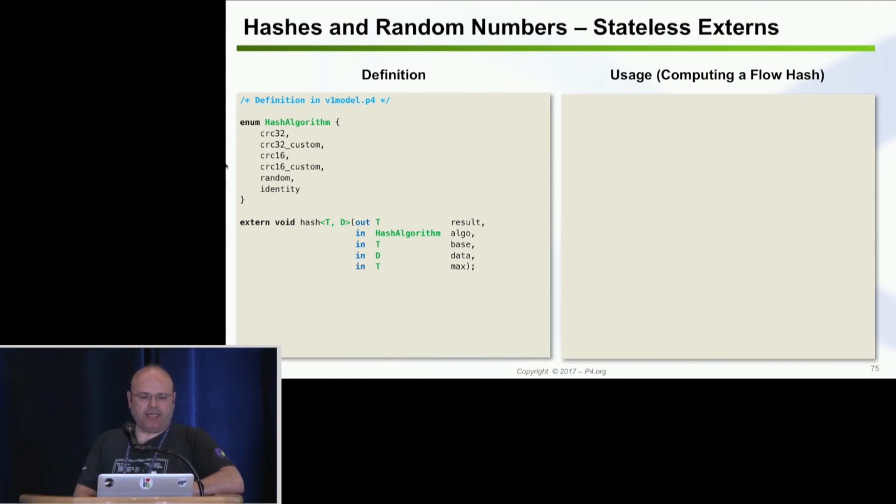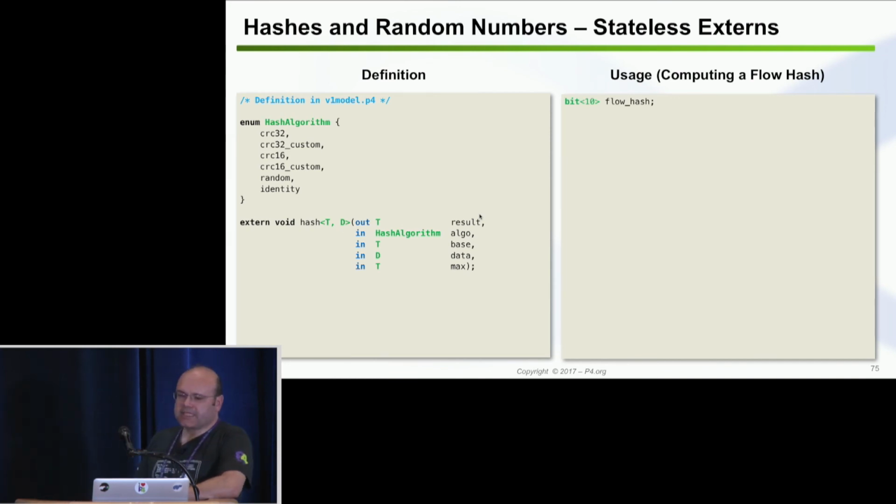Basically, we define an enum which specifies the hash algorithms that are available to you. And then there is an extern just defined as a function. The function name is called hash, and it's templatized. It outputs a result of a certain type, and it takes data of a certain type and also hash algorithm and min and max.